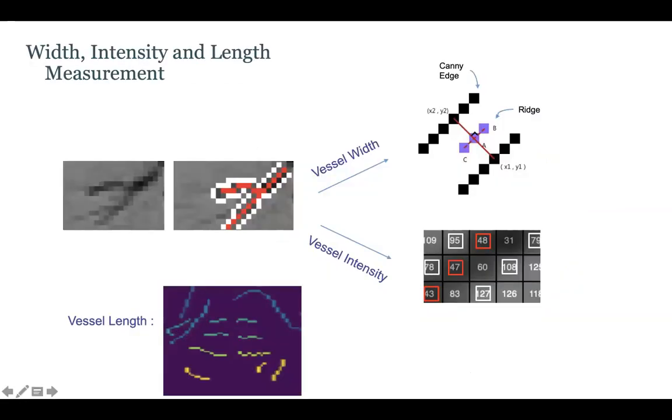And here, this slide is to introduce how to measure the vessel width, intensity, and length. And here is a part of an SWI image, and you can see here is a part of a vessel, and the black is vessel blood.